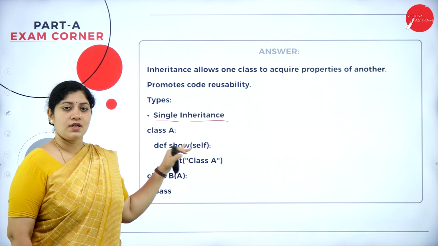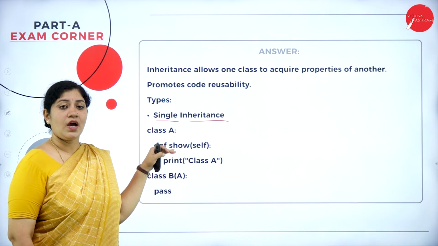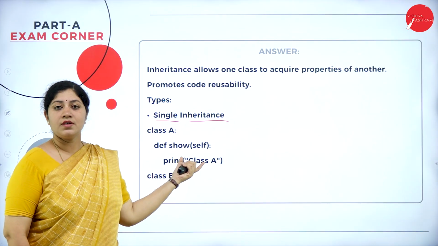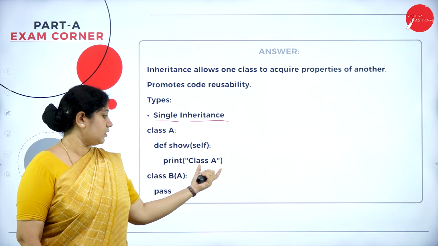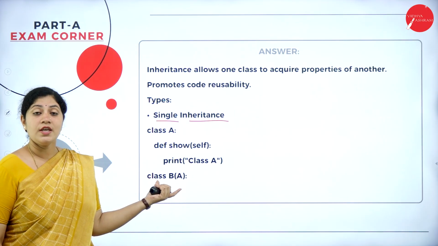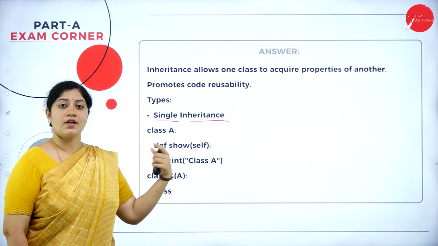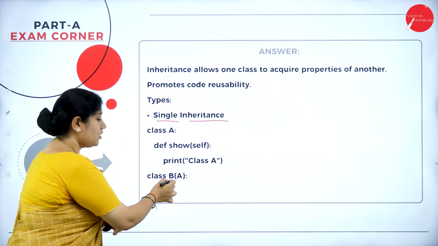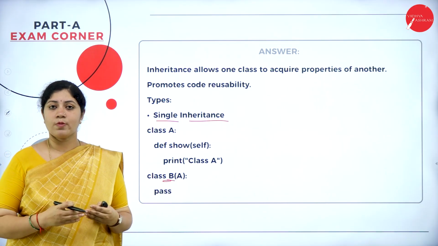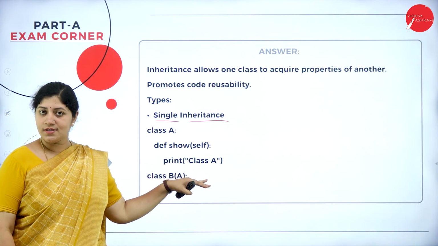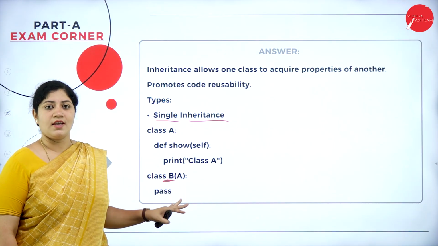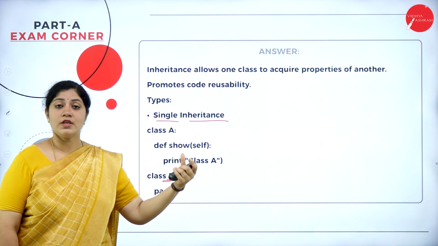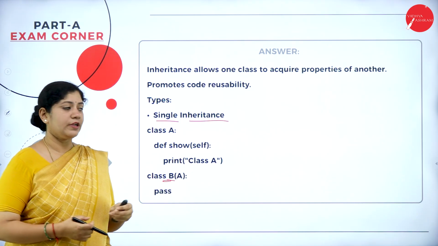Here we are considering class A, where we are defining show(self). Next, we are printing class A. Next, we allow one more class to take the property. So which is the new class? It's B and it's taking the property of A. If it is this, then we can say yes, it is a pass, because it is successfully acquiring the property.